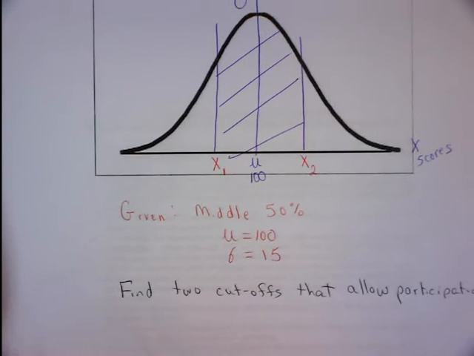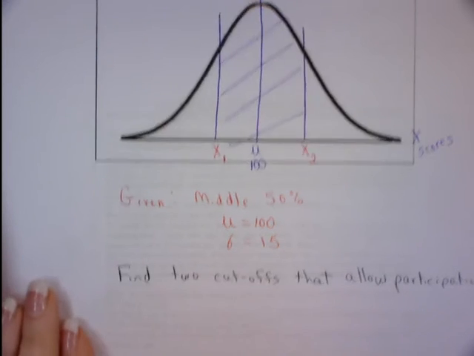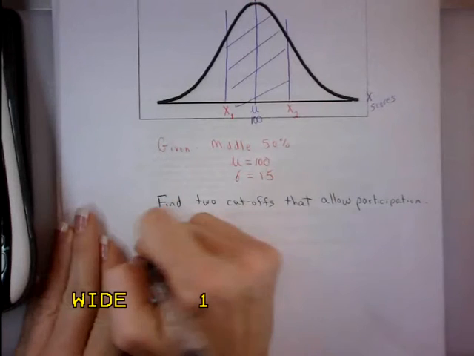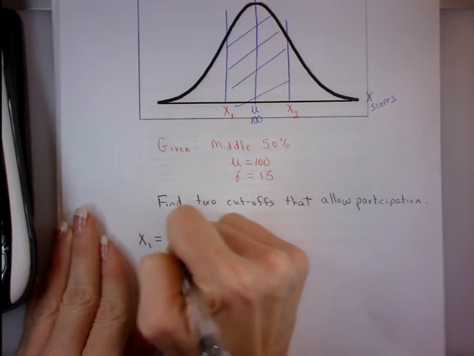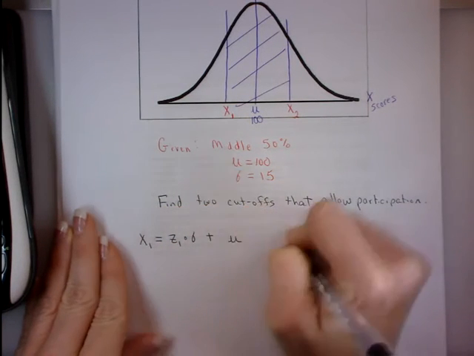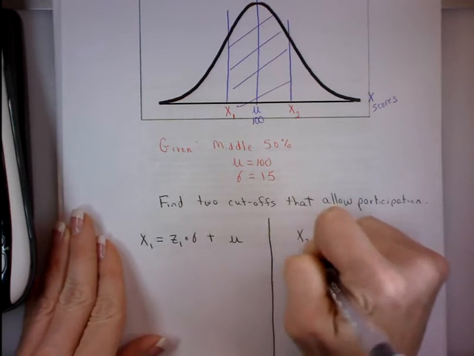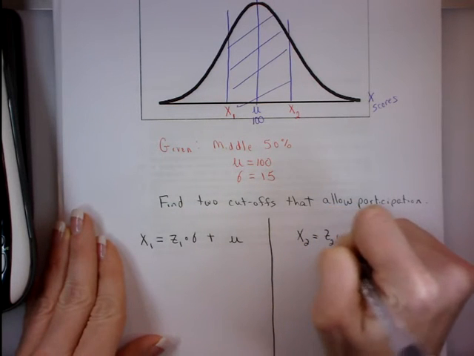So what we have to do is use the cutoff formula twice. What I like to do is say x1 is z1 times sigma plus mu, and then a line, and x2 is z2 times sigma plus mu.